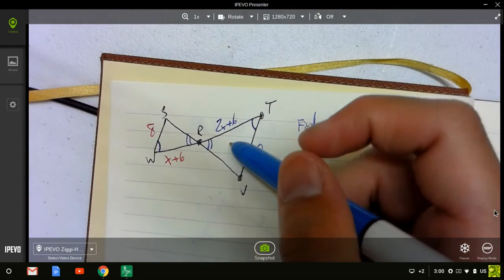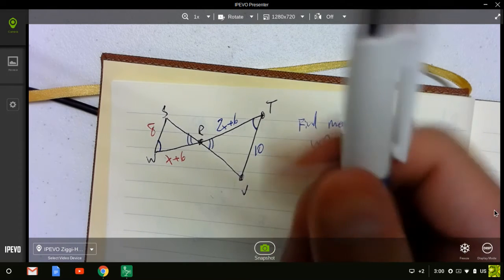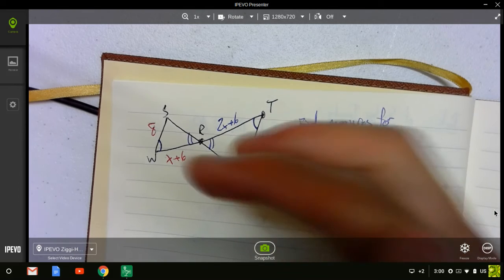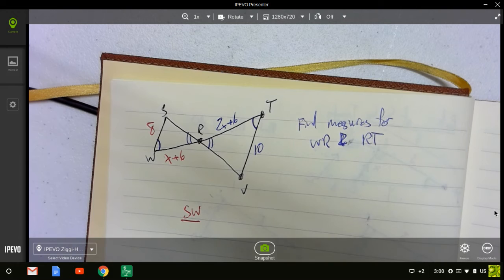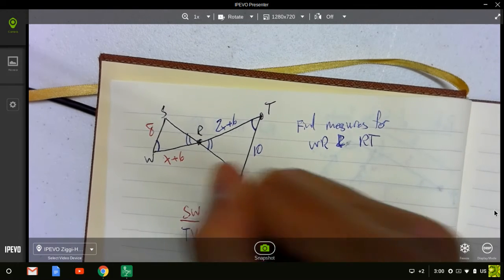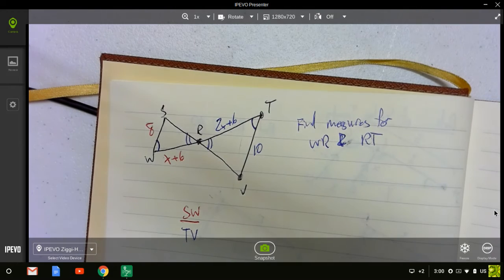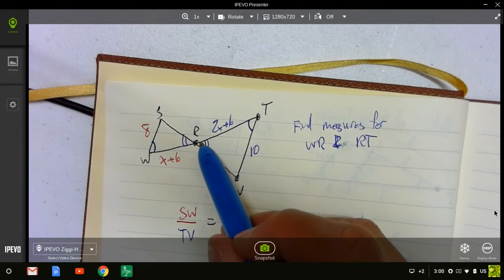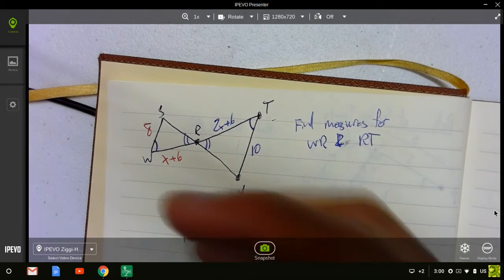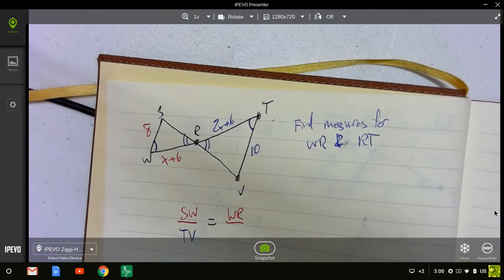We can start comparing the ratios to each other only because we know these triangles are similar. So SW is comparable to TV, 8 over 10, these two sides are corresponding to each other, in the same way that WR and RT compare to each other: WR, the smaller triangle side, to the bigger triangle side, RT.